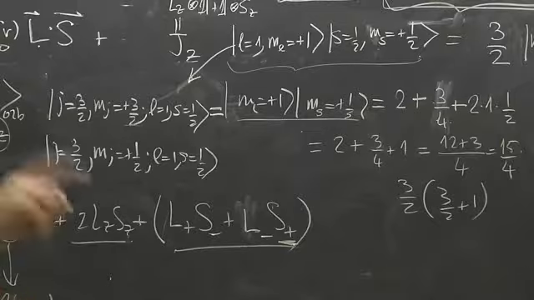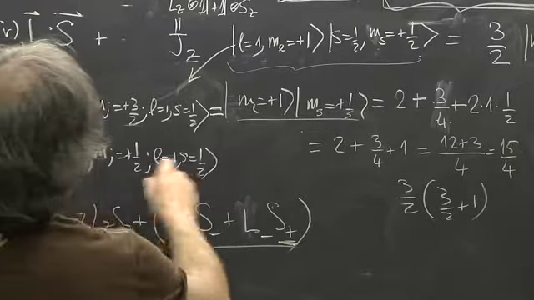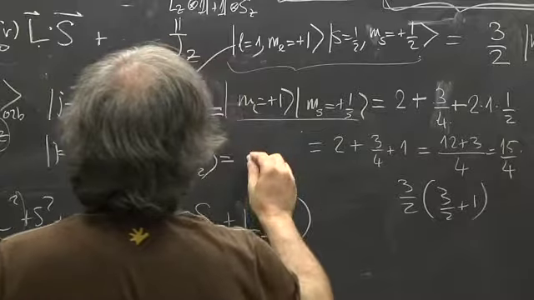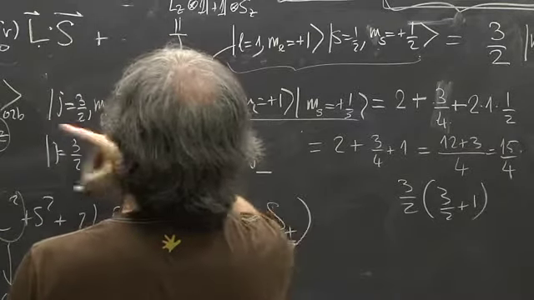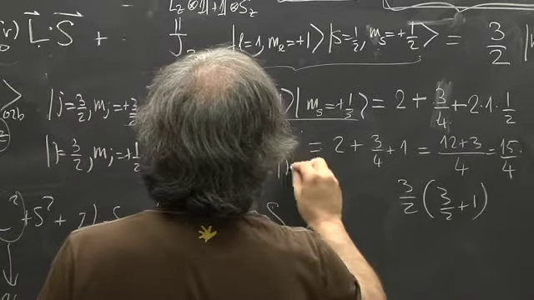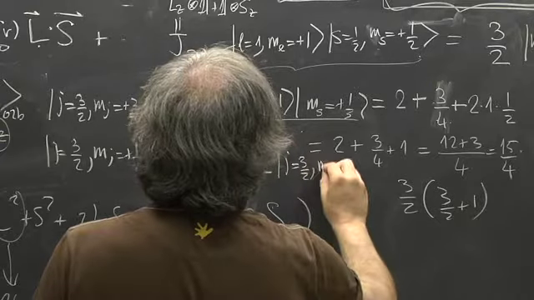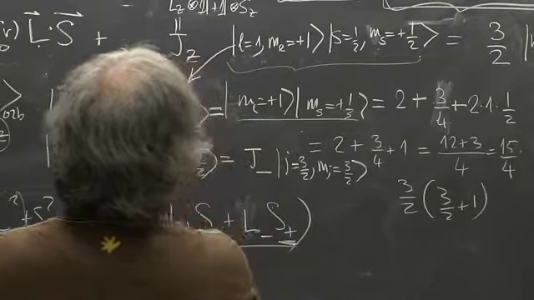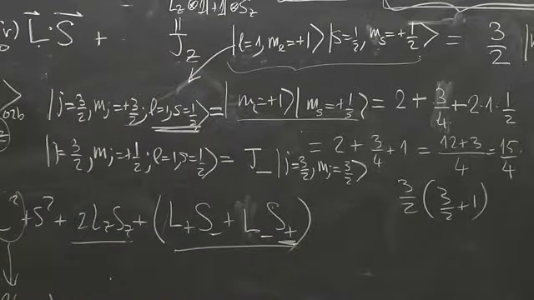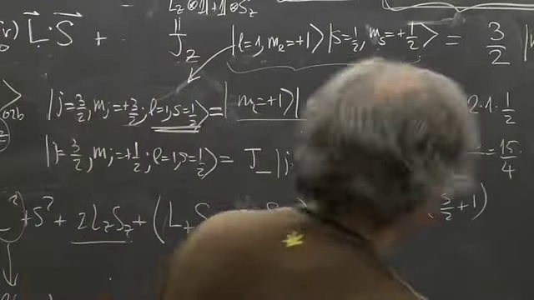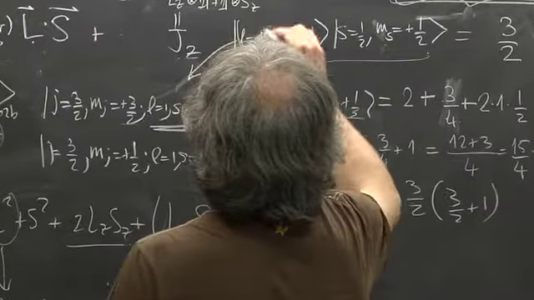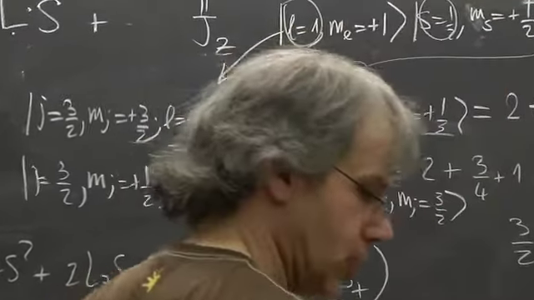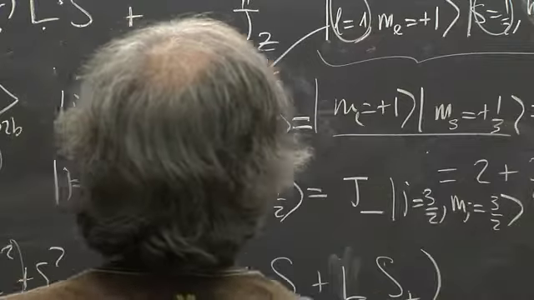So to construct this, I should do J minus of J equal to 3/2, Mj equal to 3/2. Let me omit the L and spin part, it is always there, fixed. Otherwise, the notation becomes too bulky.